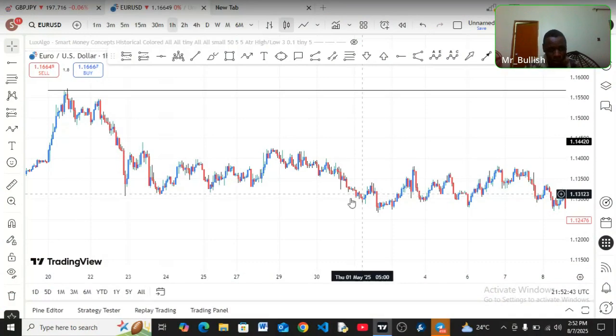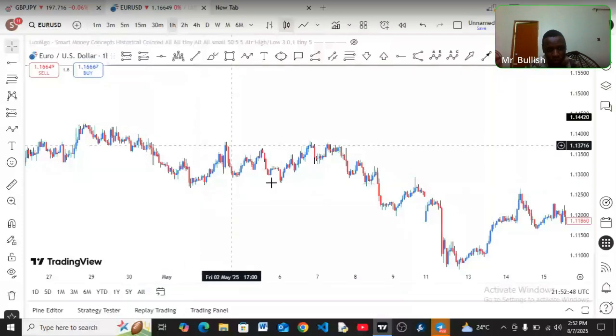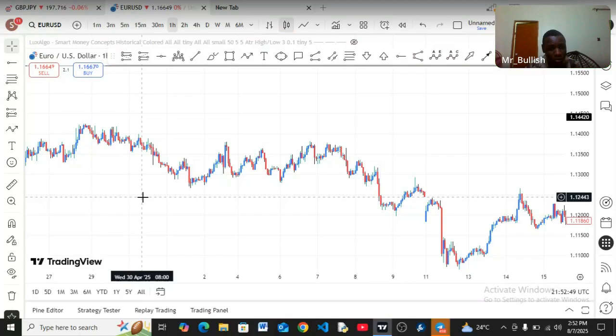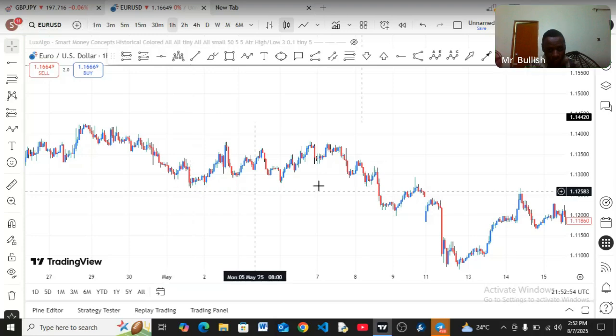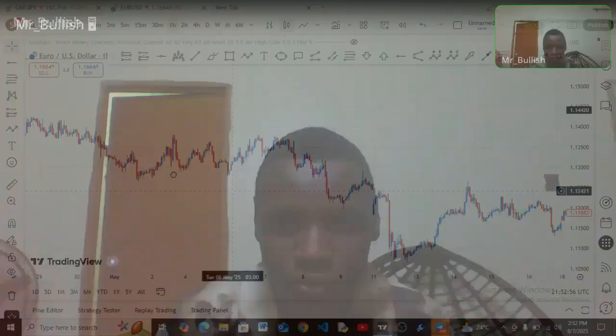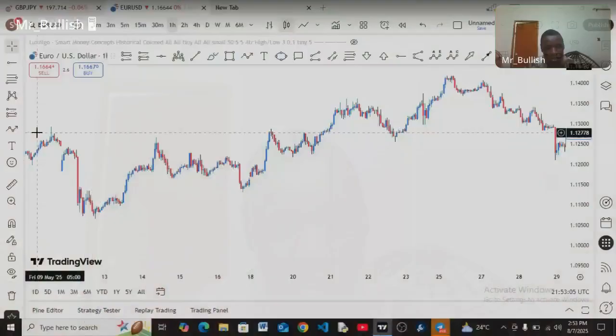Then after the change of character, price came downwards. We had another break of structure. We had another break of structure from here to here. Then we had another break of structure from here to here. And we had this move to the upside, change of character, and it started heading up.